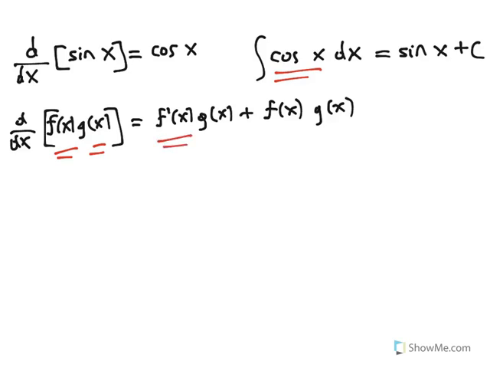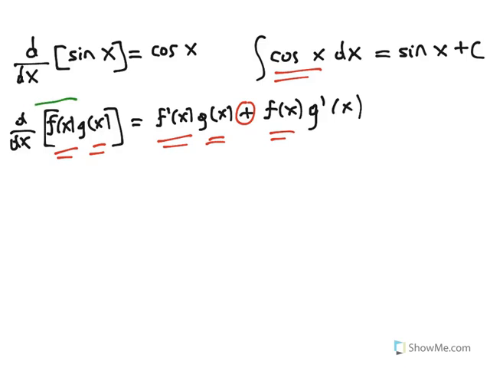Find the derivative of the first function, multiply by the second function, and add to that the first function times the derivative of the second function. So that's g prime of x, the derivative of the second function. So that's the product rule.